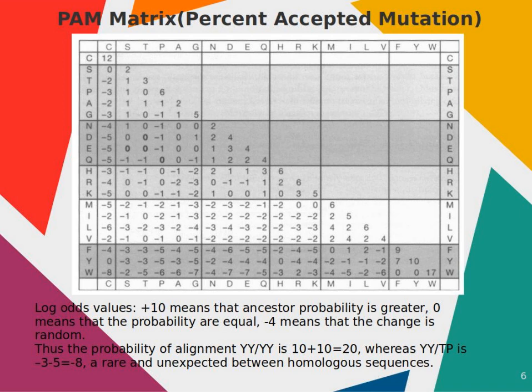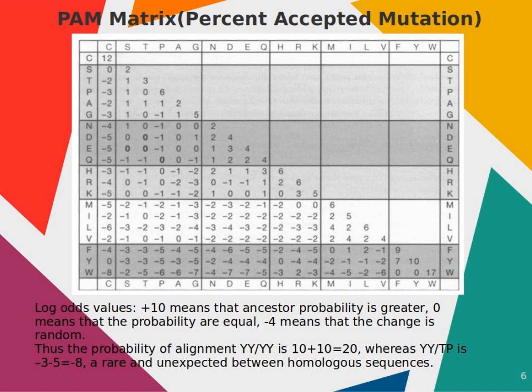Suppose the two sequences are YY and TP. Then for the first Y in the first sequence and the first T in the second sequence, the alignment score from the PAM matrix is -3.